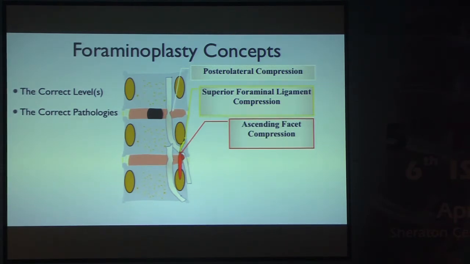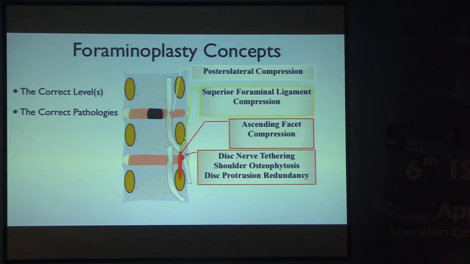As the disc loses height, so you get the instability, the nerve becomes impacted upon by the apex of the facet joint, giving you symptoms of instability. And it produces tethering by reaction and repetitive bruising. Matters are made worse by the tethering between the nerve and the disc, the shoulder osteophytes, and the sheer redundancy of the disc, and further aggravated by radial tears and leaks.